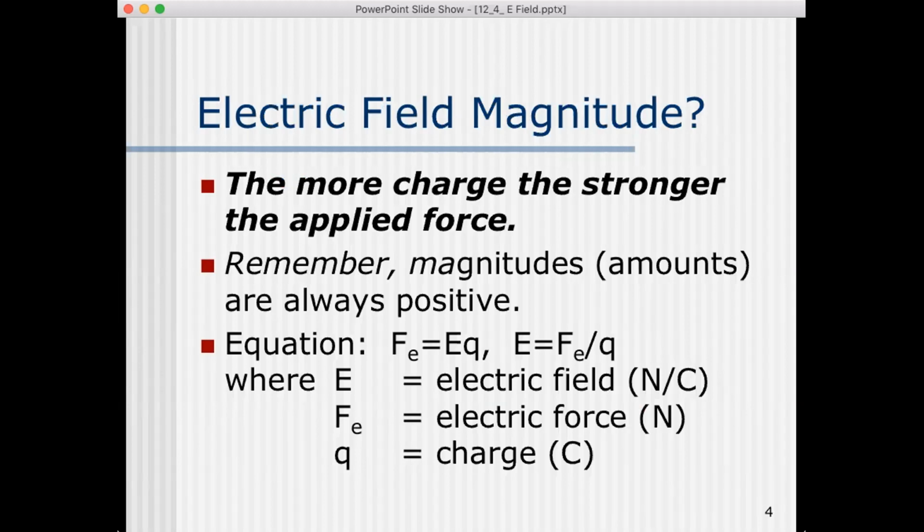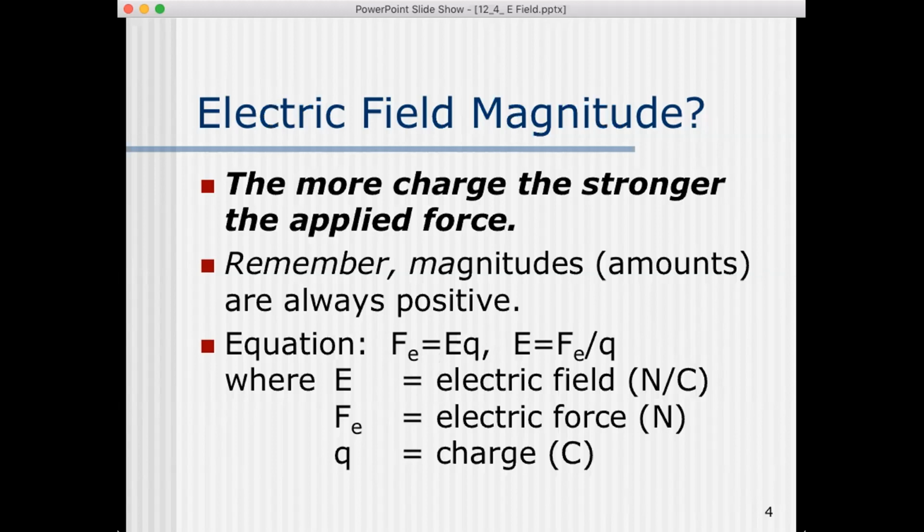Here you can see the equation in its useful forms. If you know the field at a certain point and you place a charge at that point, you can determine the force acting on the charge by rearranging: force equals field times charge. That's why this is so useful.